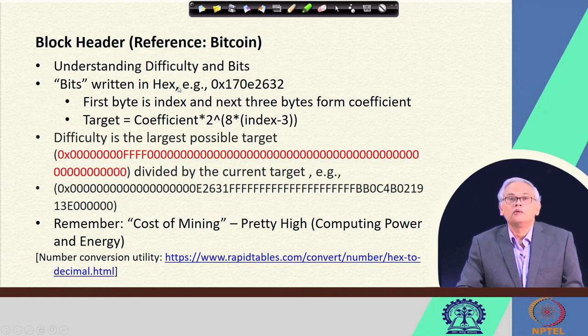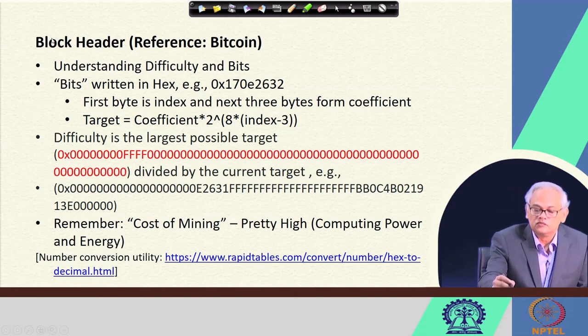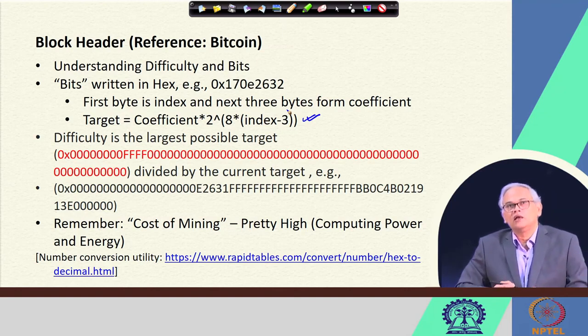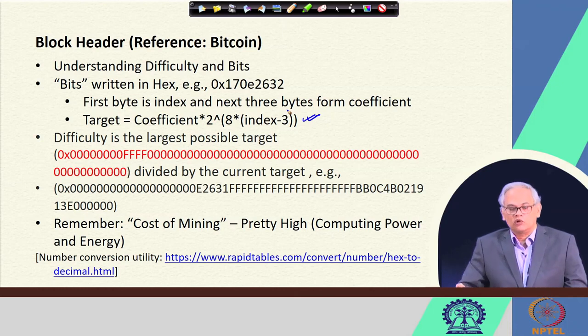And then the difficulty level is computed in this simple form: if you compute this target as shown in this particular bullet, this is the target. For these values, if you get the target and then convert that into hex, you will get a certain number of leading zeros.